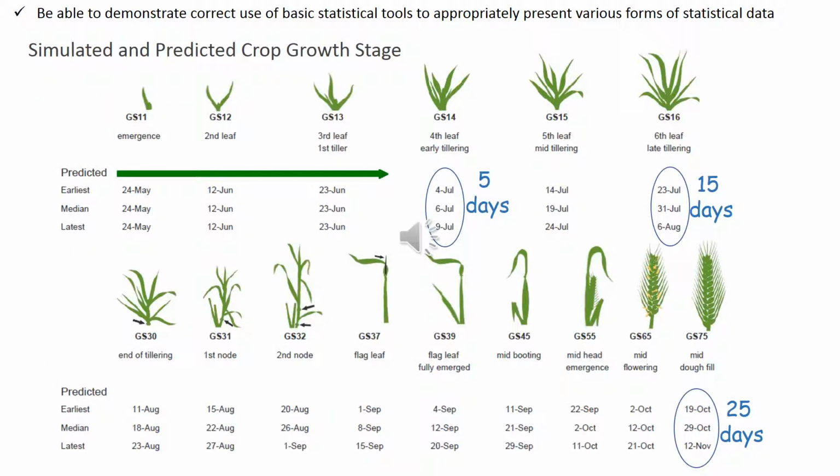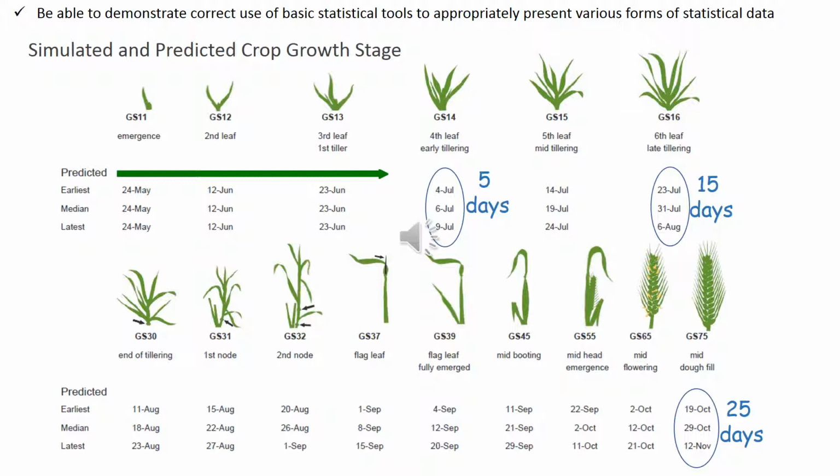Now, the predictions that we have seen for grain yield, for hay yield, and then incorporating growing season rainfall, Yield Prophet then makes predictions of when each growth phase will occur. So we have the different tillering stages of the plant.